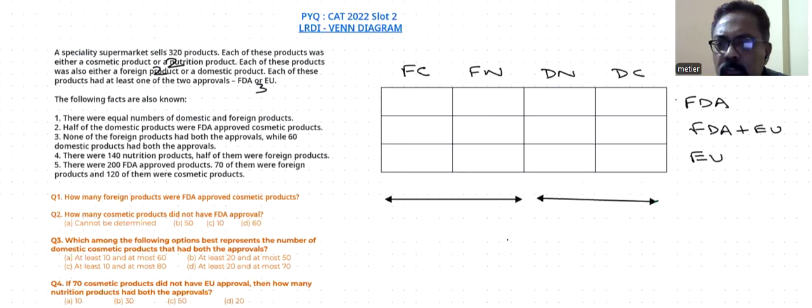Let me try to draw it straight. It will look better then.